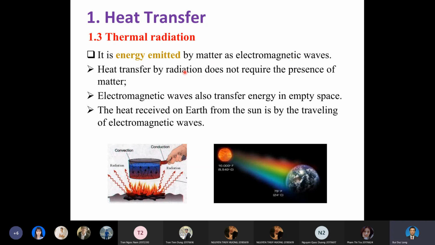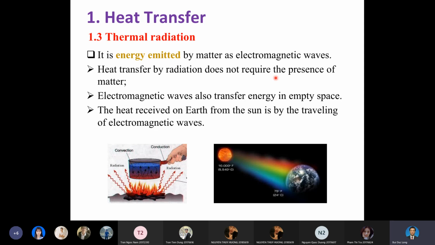The important thing to take note of is that heat transfer by radiation does not require the presence of matter. It can transfer in a vacuum. But for heat conduction or convection, you have to have matter. Radiation does not require the presence of matter.